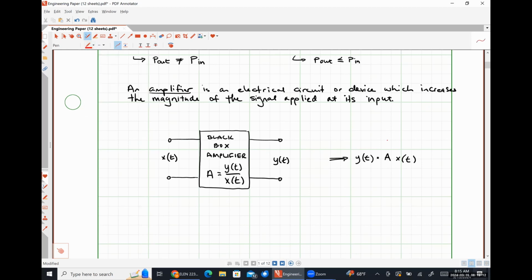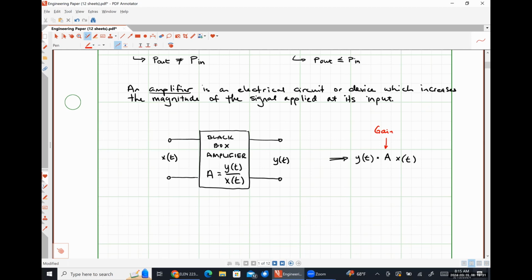And whenever we're not talking about frequency response, which is something we'll talk about a little bit in this class later on, this transfer function A is more commonly referred to as the gain of the amplifier.